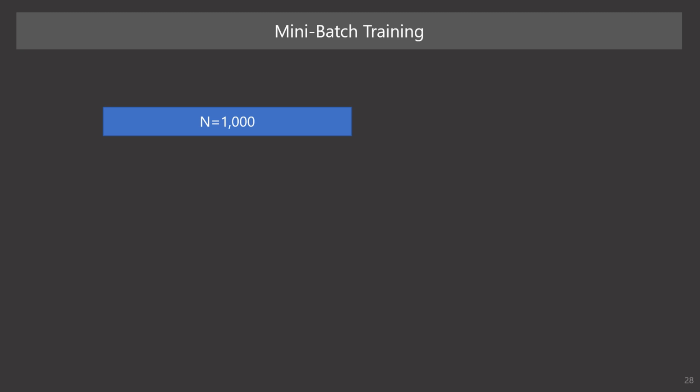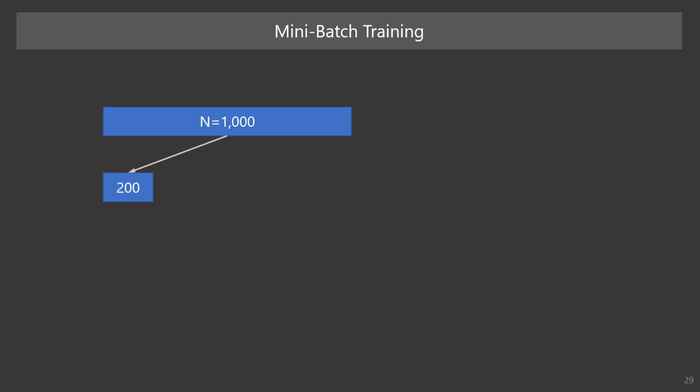Suppose we have a training dataset consisting of 1,000 cases. In mini-batch training, we do not use all 1,000 cases for one-time training at once. Instead, we use a smaller number of cases, for example, 200, as a unit for one-time training.